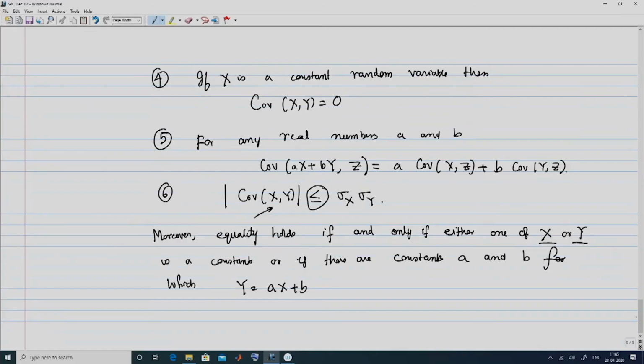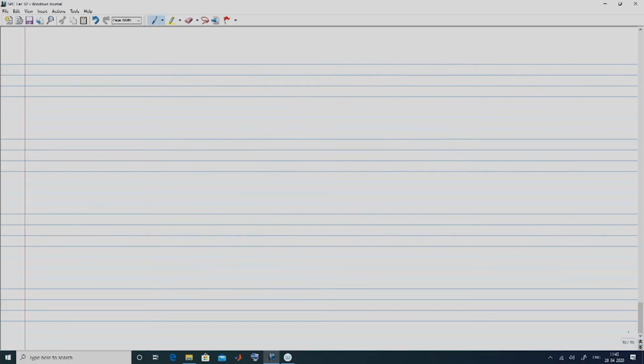Okay, now, once we have talked about the properties of covariance, the next thing we will look at is the definition of correlation.